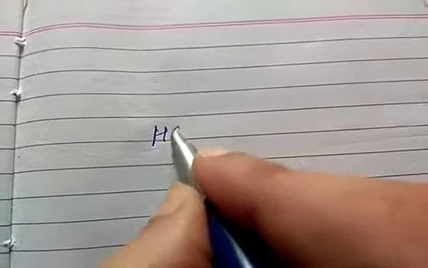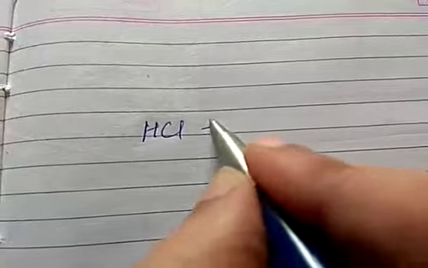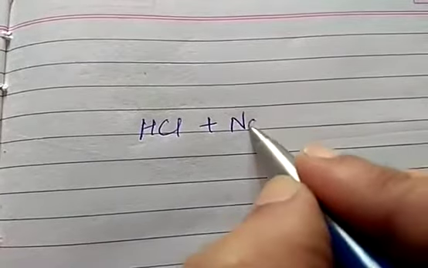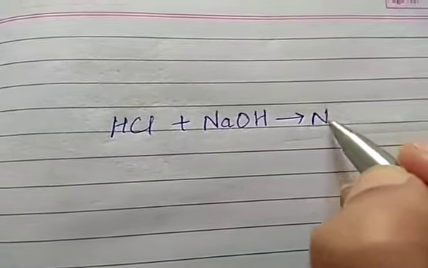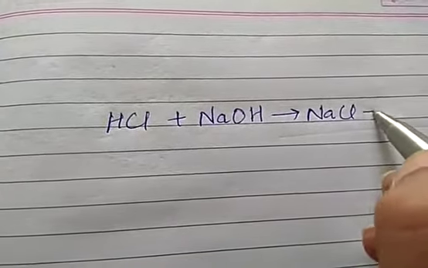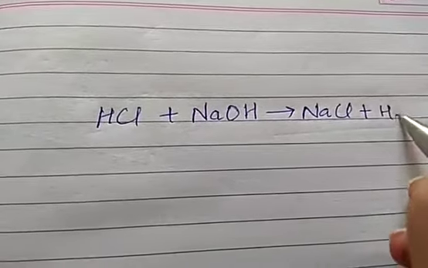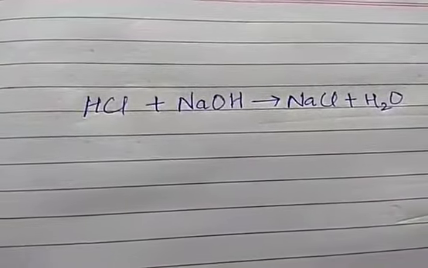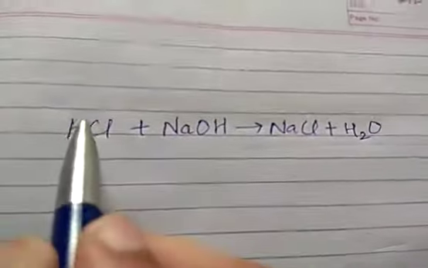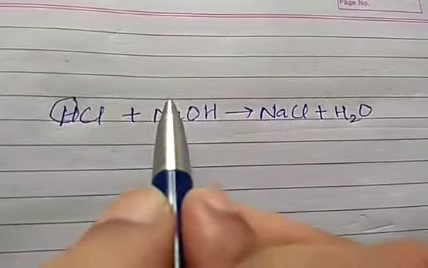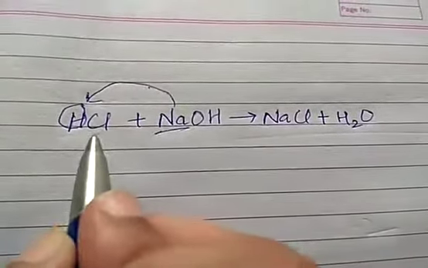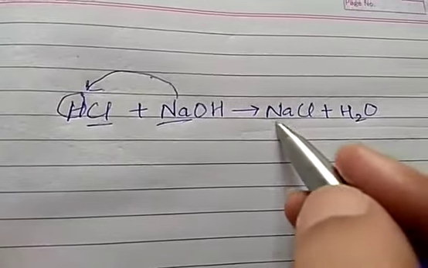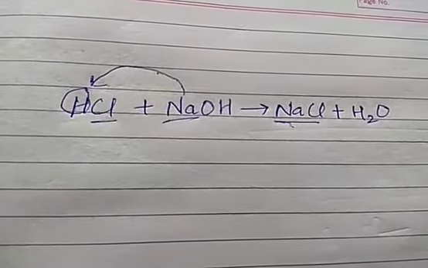For example, we have acid HCl, and if we react it with a base, then there will be formation of a salt compound along with water. So here the hydrogen has been replaced by the metal atom and it has become NaCl. That is, it is here NaCl, which is a salt.